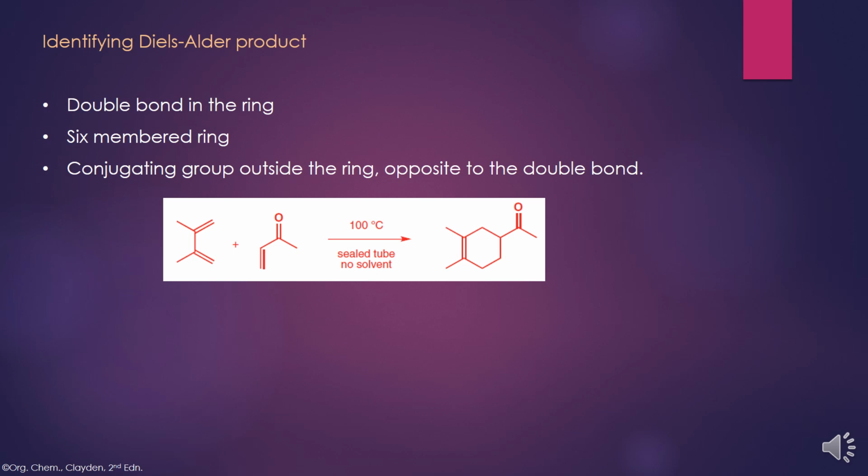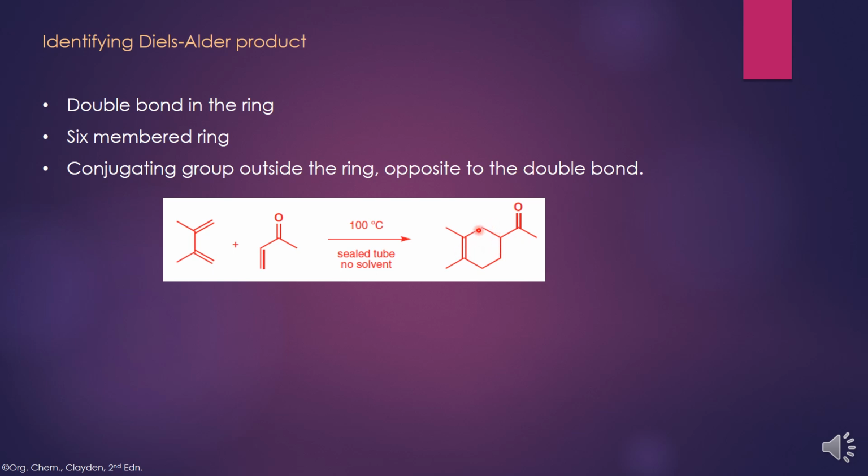Then we can see how to identify a Diels-Alder product. If a reaction is given to us and we have to identify whether this is a Diels-Alder product, we have to check for some features. If this is the product given to us, first we have to look whether there is a double bond in the ring. Second, whether there is a conjugating group outside the ring, opposite to this double bond.